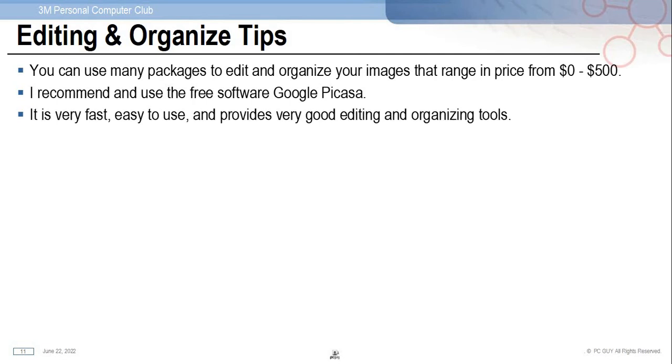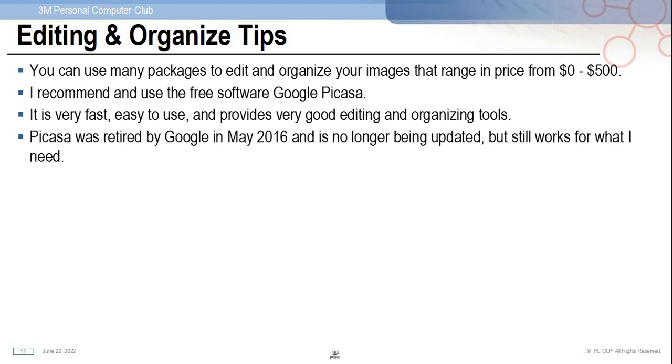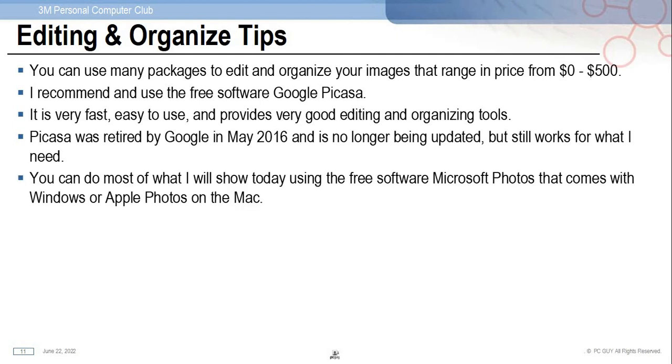I find it very fast, easy to use, and it provides very good editing and organizing tools. Google actually retired Picasa close to 6 years ago, so it's no longer being updated, but it still does work, and like I say, I haven't found anything better that's free, so I continue to use it.